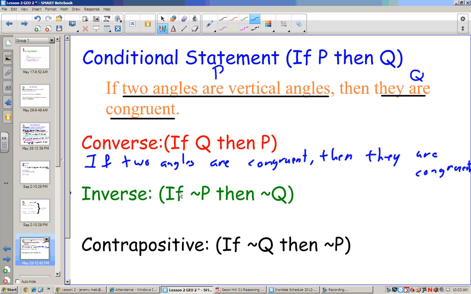All right. Now my inverse is if not P, so I have to negate this first part. So I would say if two angles are not vertical angles, then I have to negate the second part, then they are not congruent.